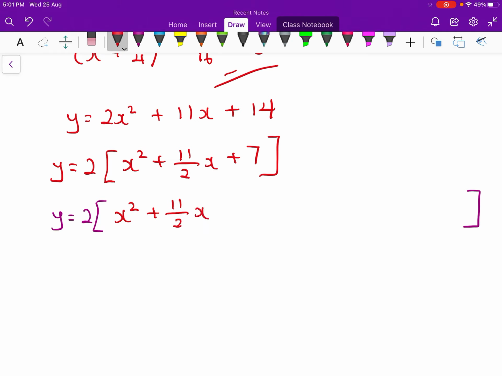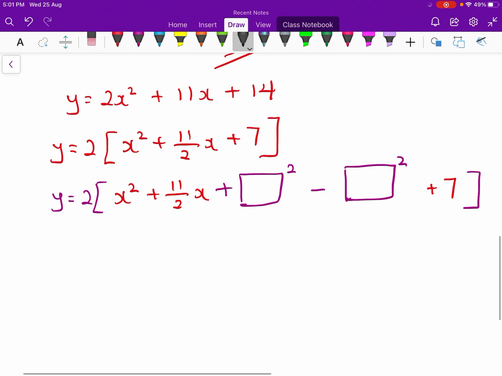Then the 7, you put on the very end, put it aside first. Then you put a plus bracket, box squared, then minus away the box squared. So just do the usual thing: 11 over 2 put inside the box, then you divide by 2 again, then minus away another box. So 11 over 2 divided by 2.